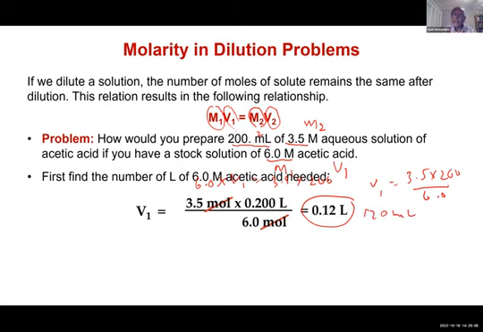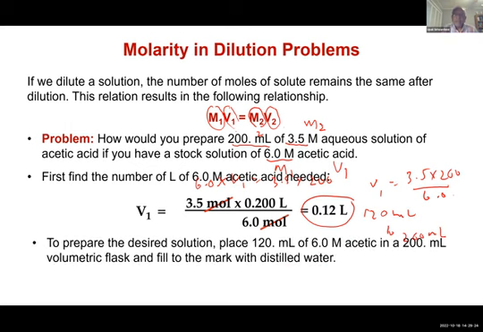You take a 120 milliliter sample of stock solution, add water until it is 200 milliliters, and you get the required solution.